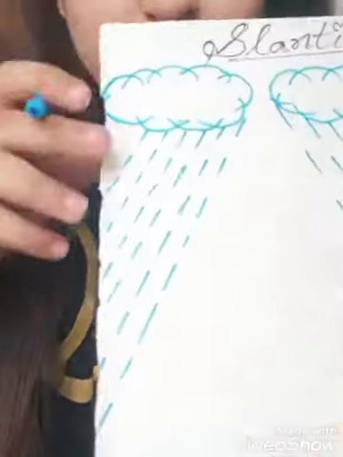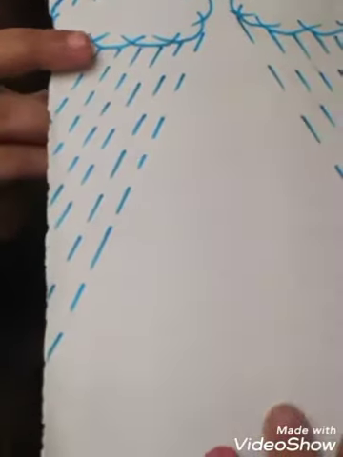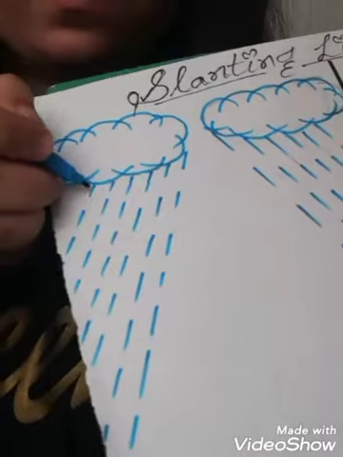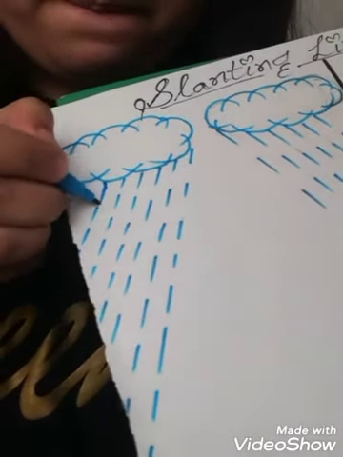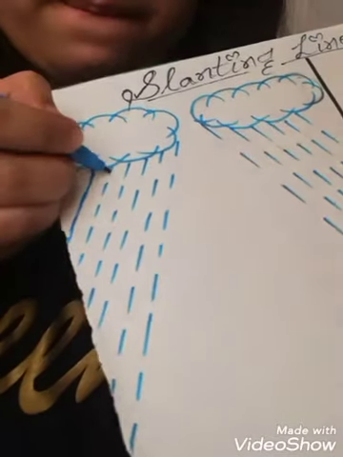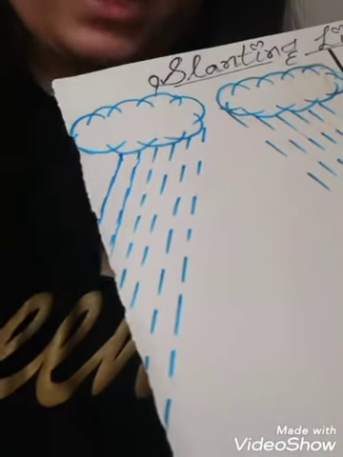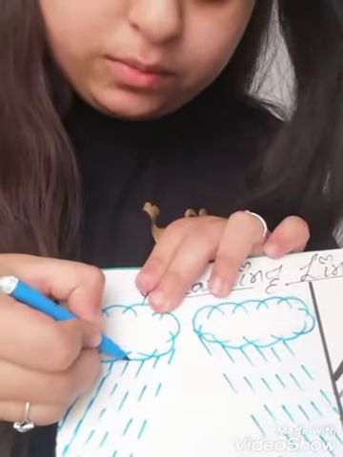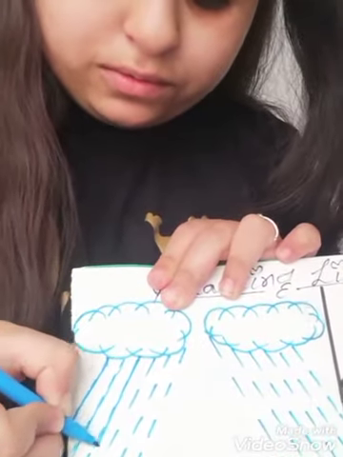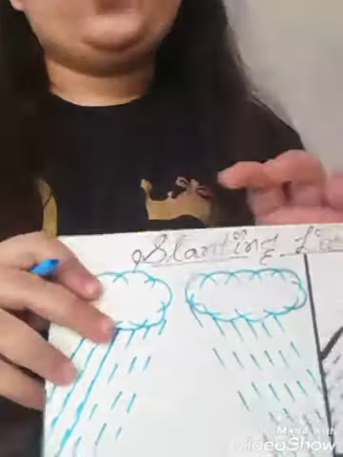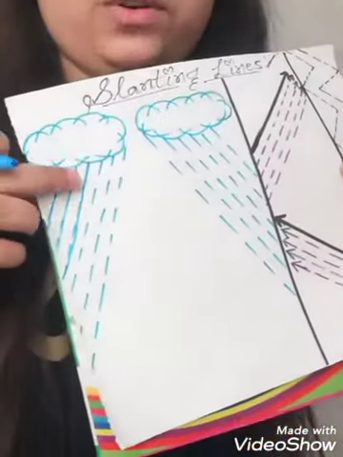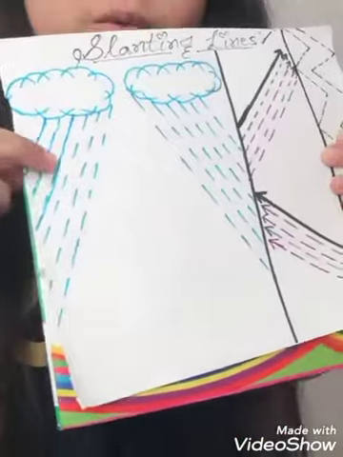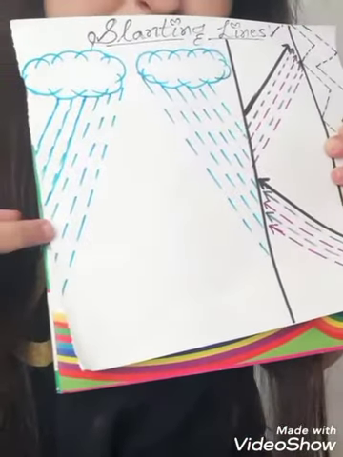So just look here. You have to do it from here. Like this you have to do, okay? Just look. From this one you have to go here, okay? So like this way you have to trace the dots and you will form a slanting line.